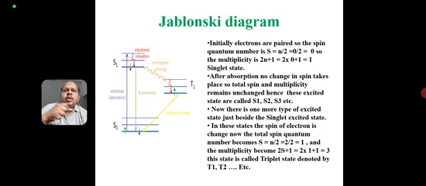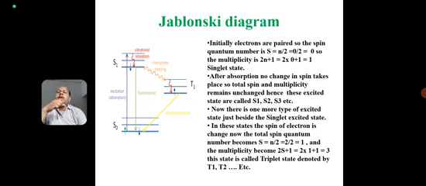Now the two electrons, one in the ground energy level, green colored, and one in the excited energy level, T1, have the same spin. So the total spin quantum number becomes 1, and the multiplicity, 2S plus 1, is 2 into 1 plus 1, equal to 3. So these excited states are called triplet states, T1, T2, T3, etc.